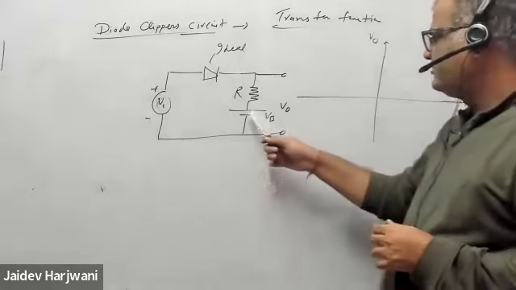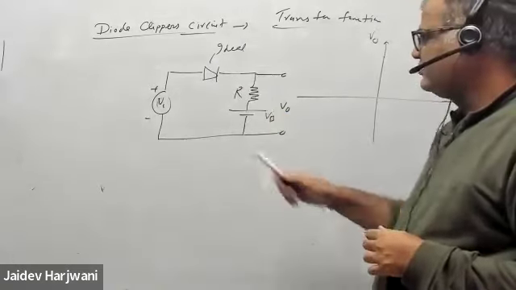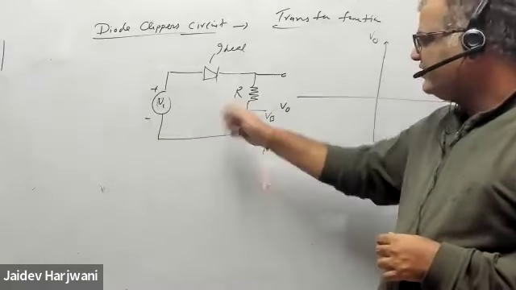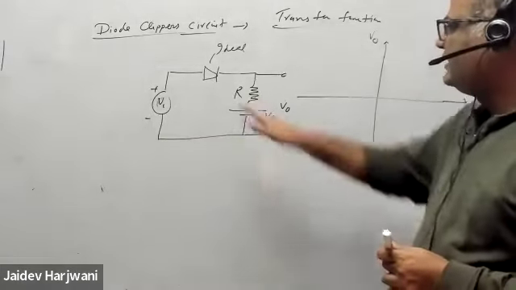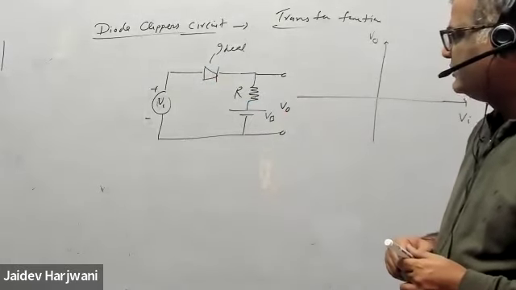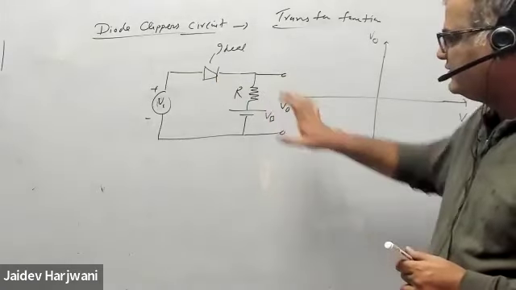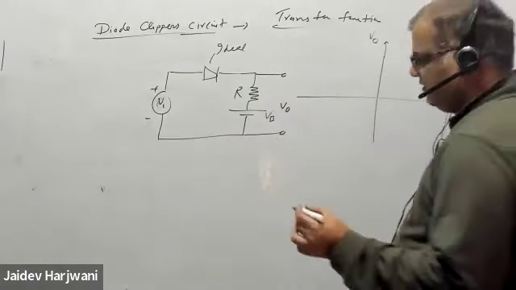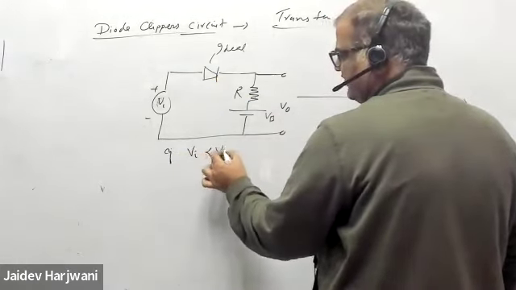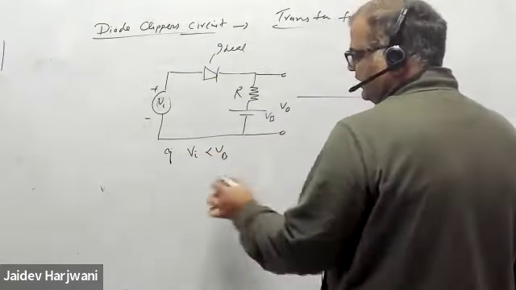This Vb is making it reverse biased, so if you want to make it conduct, Vi should be greater than Vb. If Vi is less than Vb, then this is open. If it is open, then what will become the voltage here? Tell me, if Vi is less than Vb.